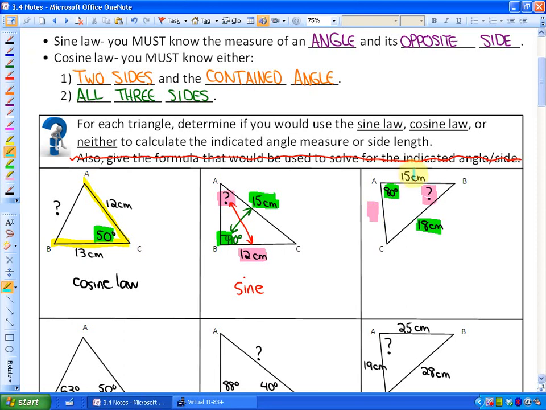However, we could first solve using the sine law for this blue angle. That would be our first step. Once we know that angle, we could use the fact that angles of a triangle add to 180, because we would have 2 out of 3 angles. So where would we start? We'd start with the sine law.